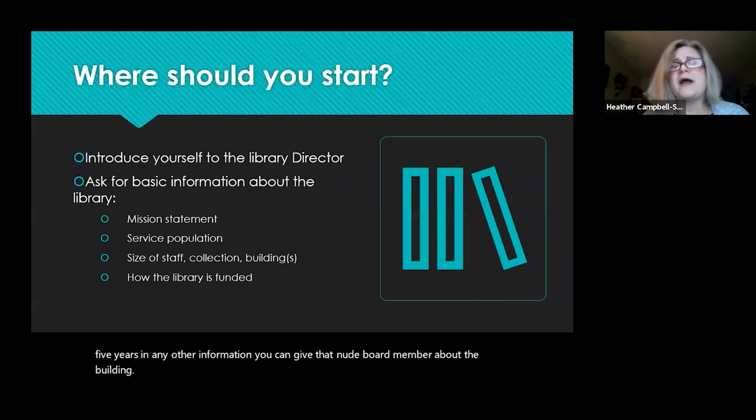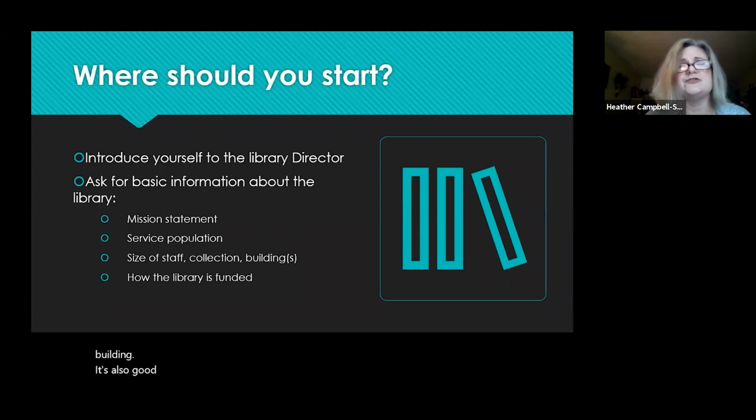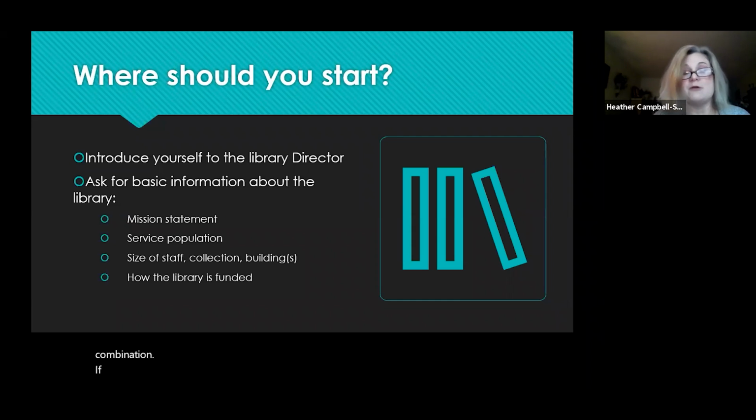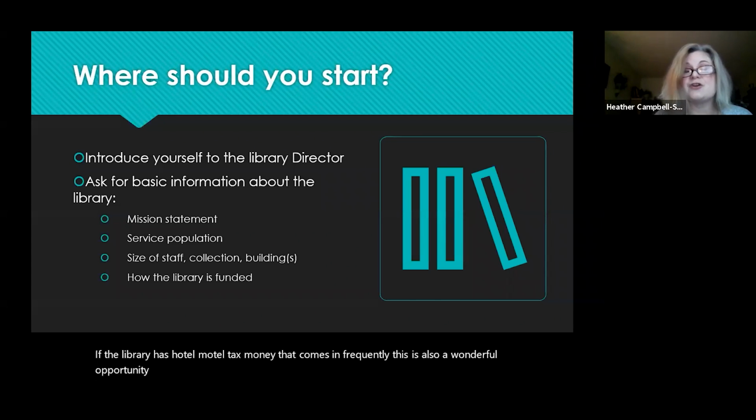It's also a good way to help get the new trustee to understand how the library is funded, whether it's Board of Education funding, county commission funding, city funding, a combination. If the library has hotel motel tax money that comes in frequently, this is also a wonderful opportunity for a library director to talk about whether or not those funds are sufficient.